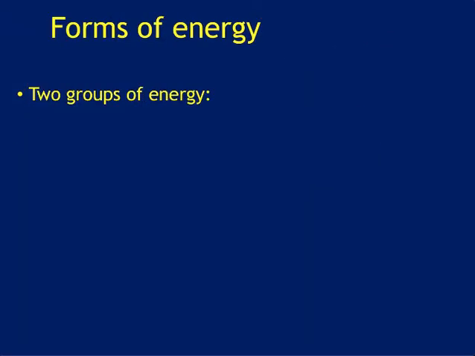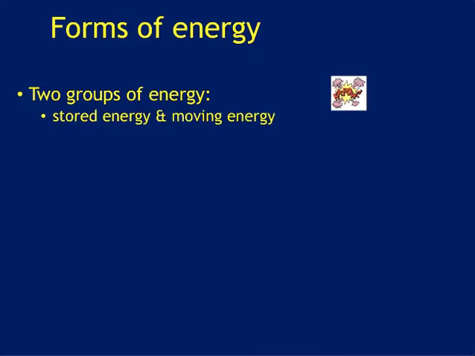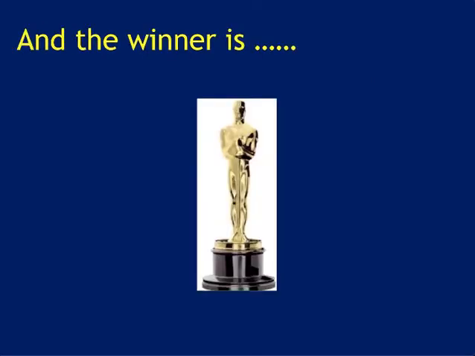Now, there are two groups of energy that we're going to talk about today, and you can see it in your table. We have the idea of what's called stored energy and moving energy, and there's 9 energy sources, and they fit into one of those two categories. And you already have the headers. Now, if we were in school, I'd be giving out 10 envelopes, and we'd be doing a little bit like the Oscars.